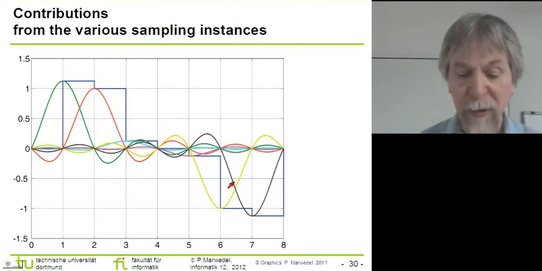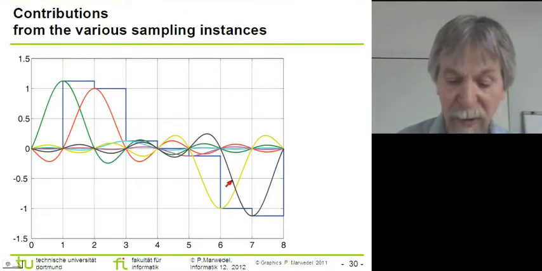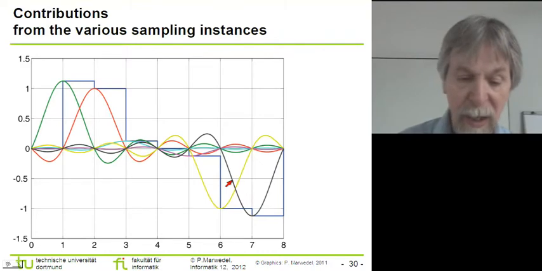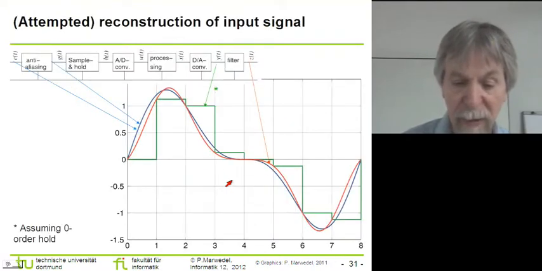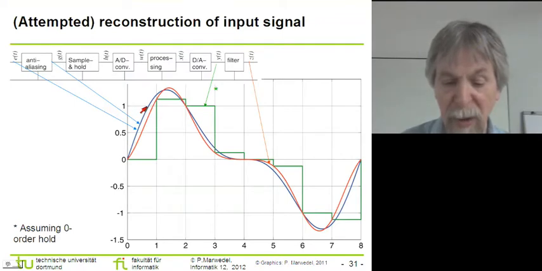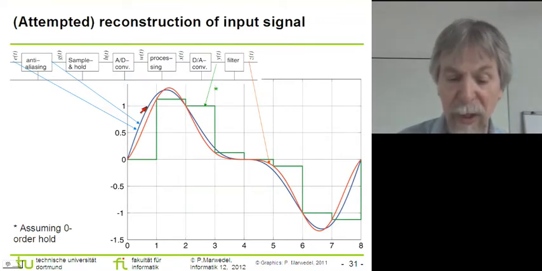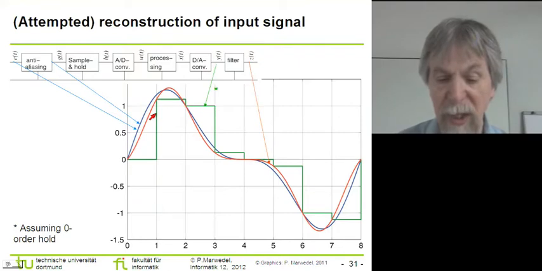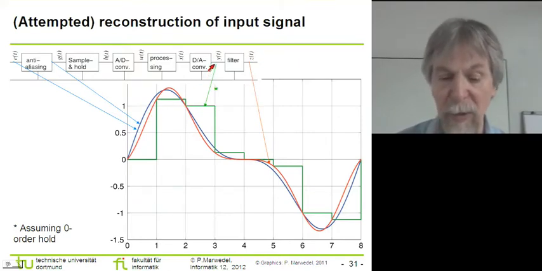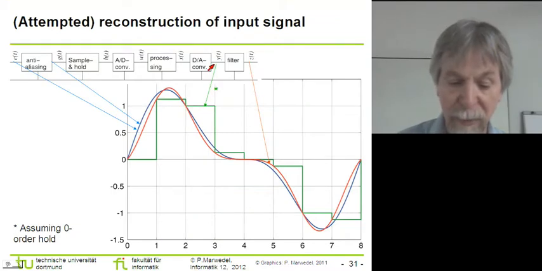And now the question is, if we sum up over all these different functions, if we sum up over all the different colors, are we actually arriving at the input signal? This slide shows the sum of all these different colors, and it is shown in red. For comparison, I'm also showing in blue the original input signal, and in green we see the signal at the output of digital to analog conversion.